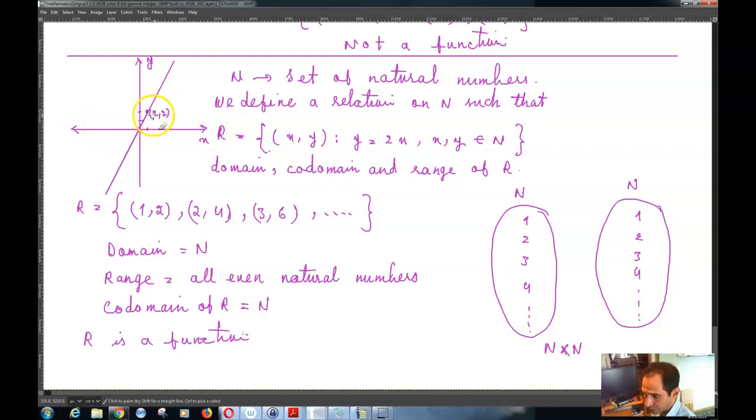Otherwise, for example, 0.5 would be right over here. If this was a real number line, then the number 0.5 would also be here and would be a part of the domain of the function, which is not the case here. Your domain is basically only natural numbers.